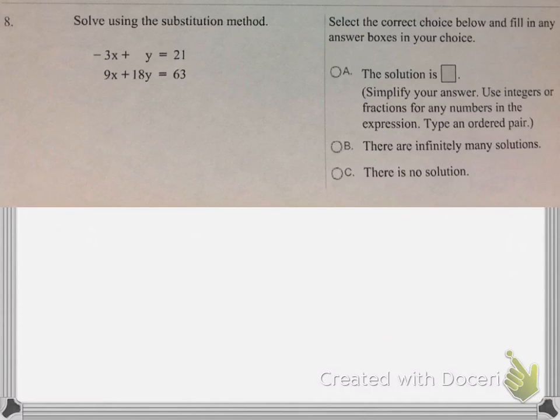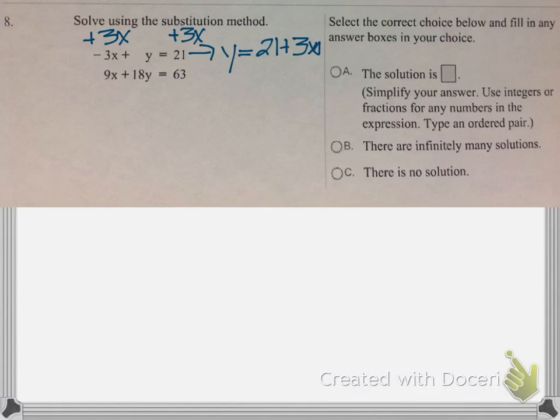Meaning get by itself. The y on top. Because it's already kind of isolated, all we have to do is just move that minus. So if I take this equation and I rewrite it to be y equals, then I've isolated a variable. So I would just have to add 3x to both sides to make that happen. So that's going to give me 21 plus 3x.